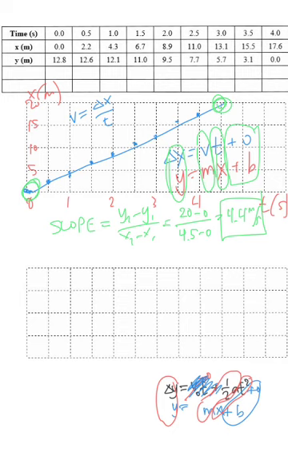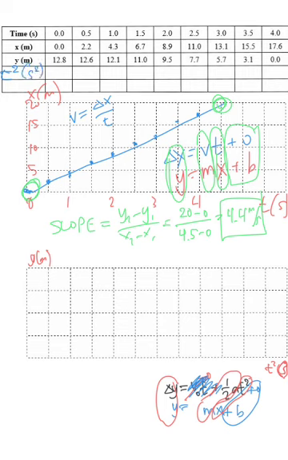So on the vertical axis, we're just going to have the y in meters. On the horizontal axis, we're going to have time squared measured in seconds squared. I'm going off the edge of the tablet screen now, so that's supposed to be a second squared right there. So I need to use the table to come up with a new row for time squared, measured in units of second squared.